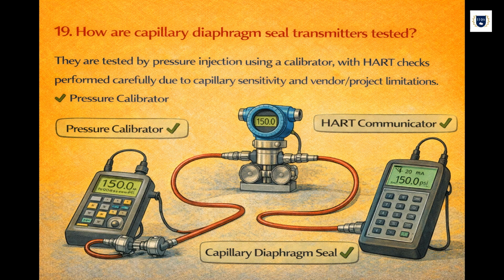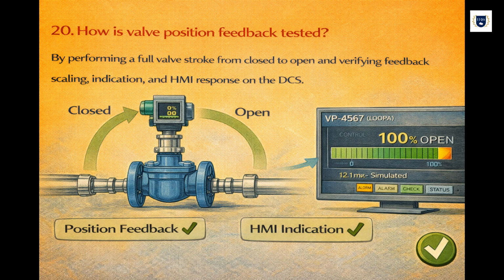How are capillary diaphragm seal transmitters tested? They are tested by pressure injection using a calibrator, with HART checks performed carefully due to capillary sensitivity and vendor project limitations. How is valve position feedback tested? By performing a full valve stroke from closed to open and verifying feedback scaling, indication, and HMI response on the DCS.